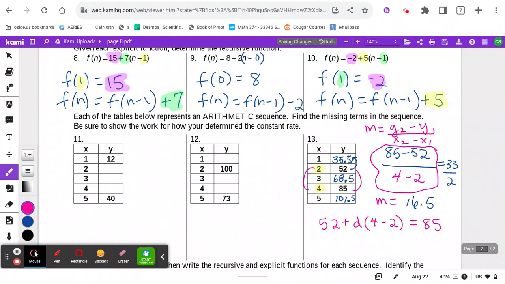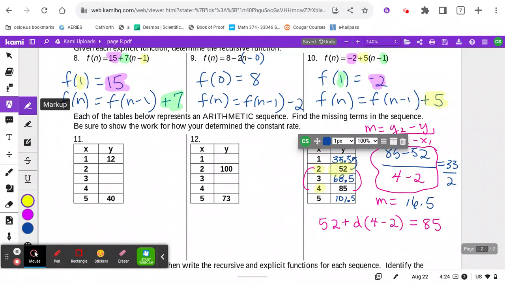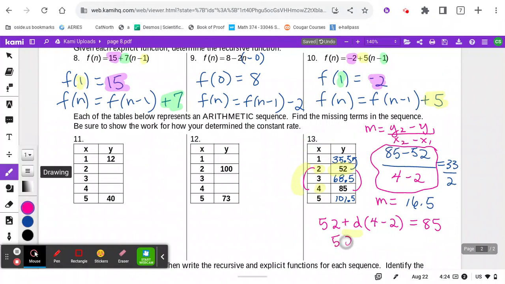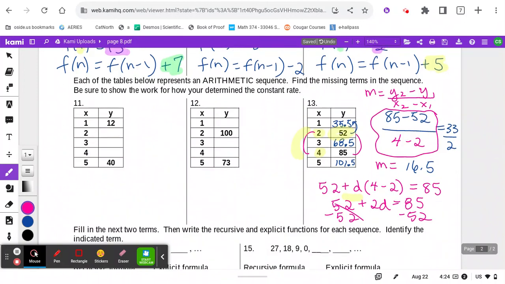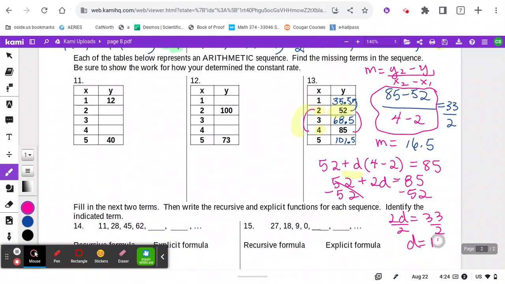So if I start here at 52, and then I add repeatedly some unknown number, 4 minus 2 times, that comes from over here, it should equal 85. And then we solve this formula, and we end up doing the same exact steps. We end up doing 85 minus 52 divided by 2, and we get a common difference of 16.5.